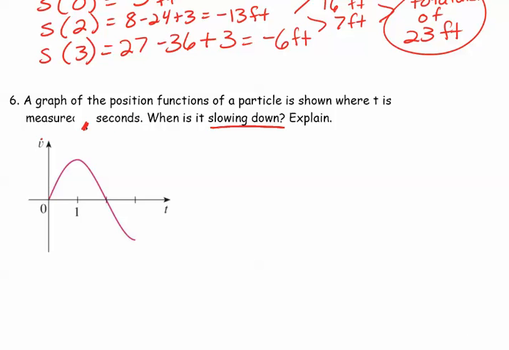This s here is supposed to be covering this up, so if this is a position function, I think is what it says on your copy of the sheet. So if this is a position function, let's think about velocity. Velocity is the first derivative, so the slopes of s here would be positive, so velocity is greater than 0.